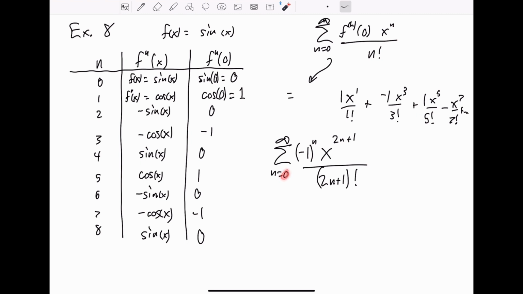So when n equals 0, we have positive for the first term. That's just what we want. So this is correct, negative 1 to the n. Here is the Maclaurin series for sine of x. This is a very important series. We want to be really comfortable with this particular Maclaurin series. Now we're going to graph this in Desmos and see if we can guess the radius of convergence for this Maclaurin series.